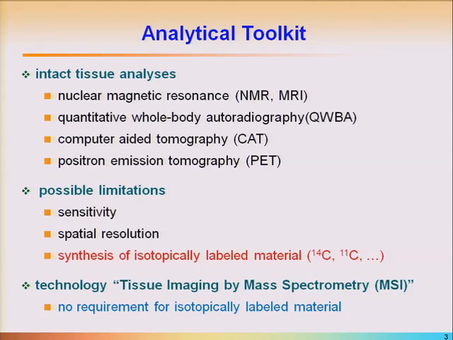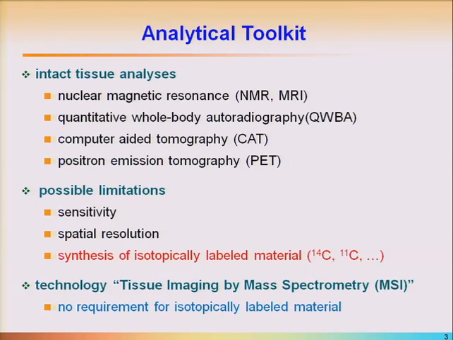For example, for QWBA, you need to synthesize your compound 14C labeled, versus if you do positron emission tomography, it's 11 carbon labeled. And especially in the early stages of drug discovery, there is no time and also no funding to synthesize these quite complex compounds using these isotopes.